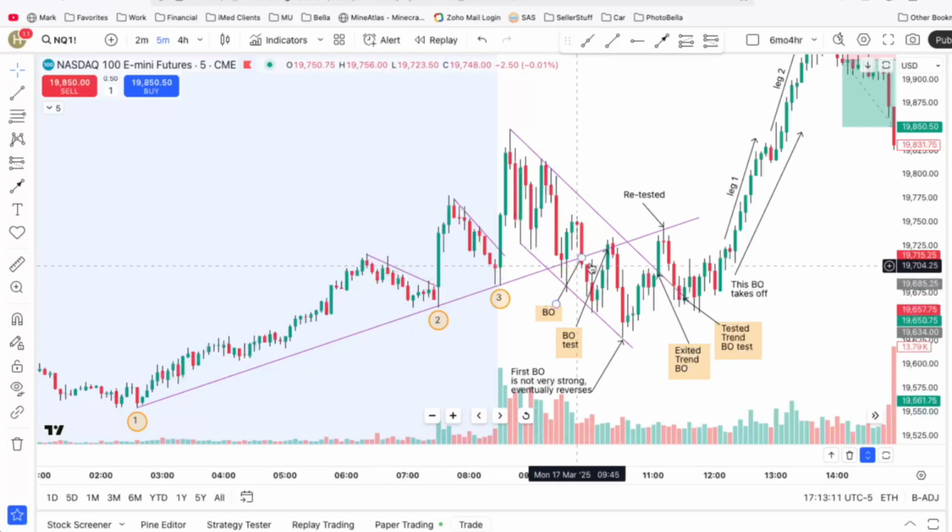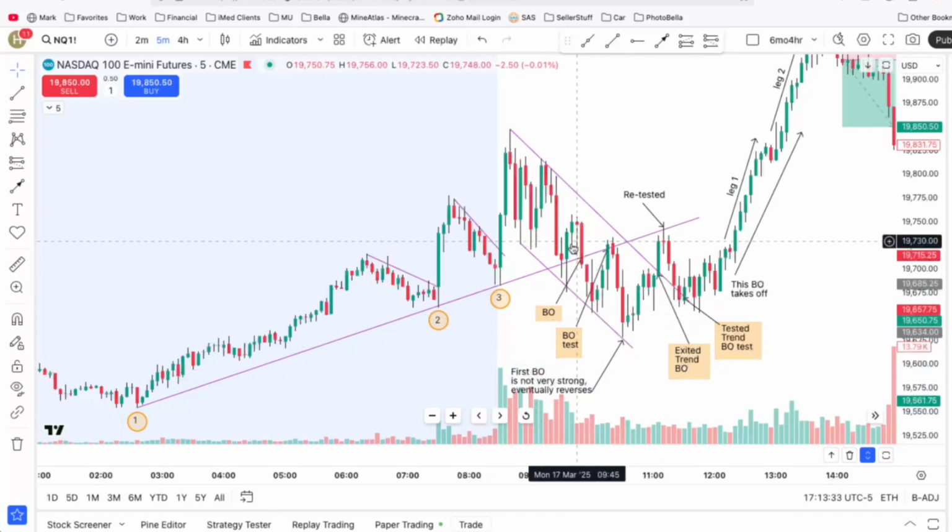So we're trying to see, I guess, the validity of this trend line. And when we hit that trend line, we reverse back down. And so we have another leg down. We come very close to the bottom of the trend channel line, and then we start heading back up again.